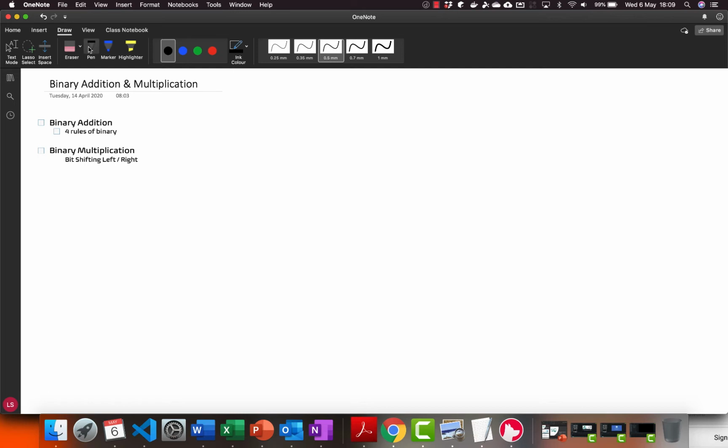In binary addition, there are basically four rules, and they look like this. If I have 0 plus 0, obviously that equals 0. 0 plus 1 equals 1. 1 plus 0 equals 1, and 1 plus 1 equals 0 in the first column, and then we carry 1.